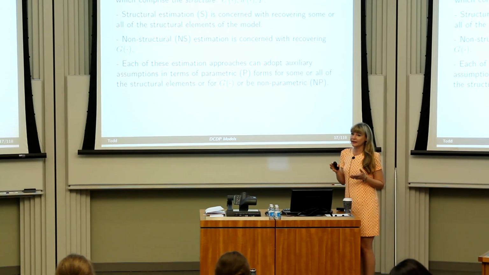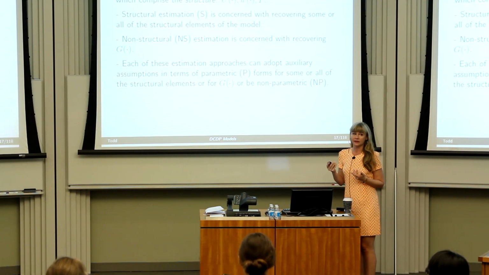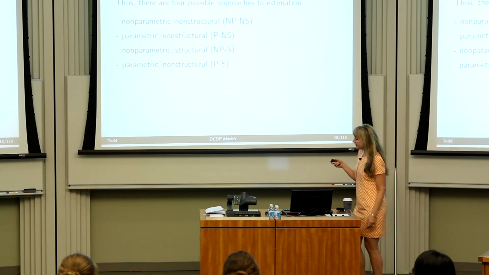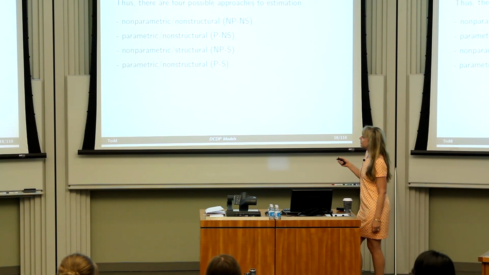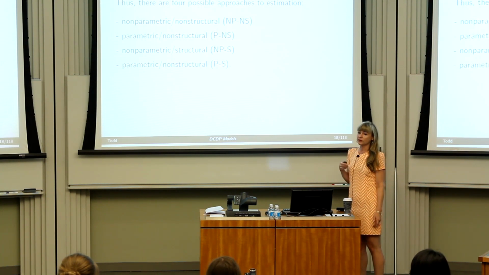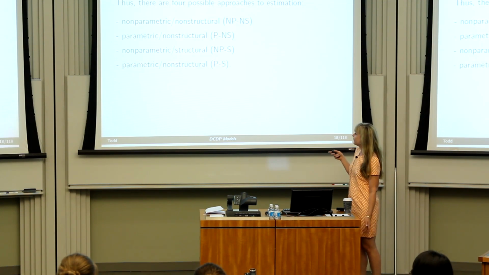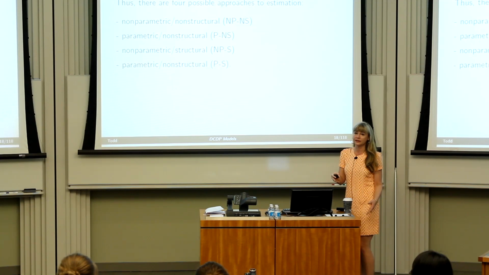And then you may or may not adopt functional forms. So these are different approaches. You could have a non-parametric, non-structural approach, where you try to recover the G without making functional form assumptions. Or you could have a parametric, non-structural approach. Say you assume normality, but you don't try to uncover the utility function or anything.